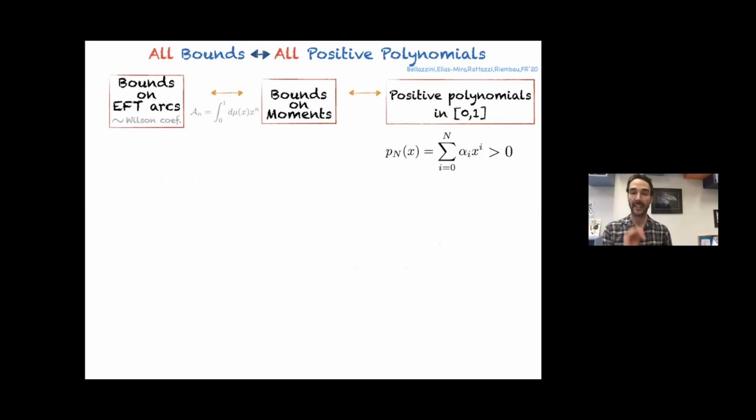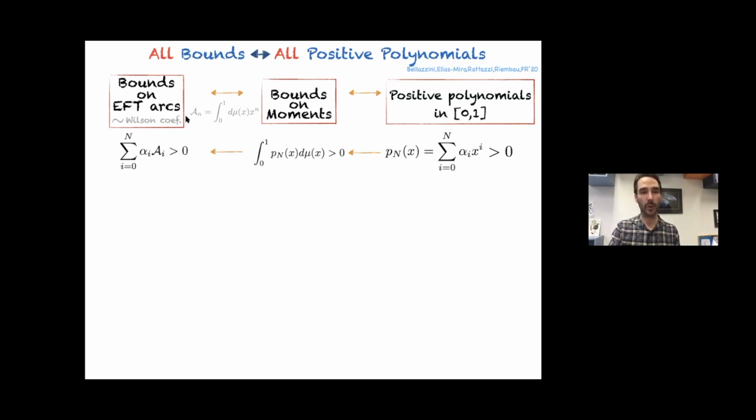So take a polynomial positive between 0 and 1, which is just the sum of some coefficients alpha_i times x to the power of i, okay? And I take it to be positive between 0 and 1. We can shovel this into the integral with the positive measure that I mentioned to you before, and this has to be positive, just positive measure, positive polynomial, okay?